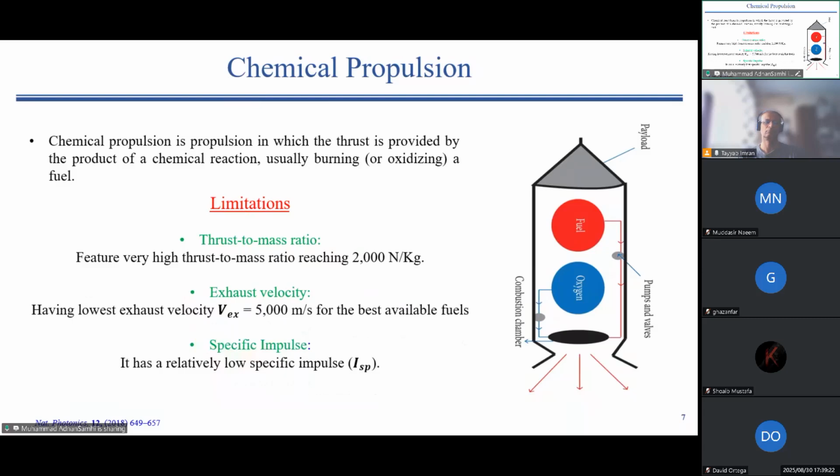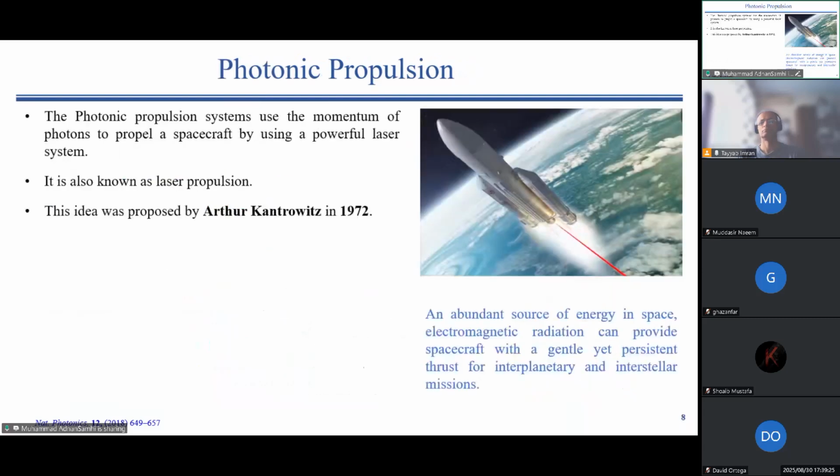And if we talk about photonic propulsion systems, they basically use photons or light to propel a spacecraft. As these systems use light, we can also call them laser propulsion systems, because we also use powerful laser systems to propel different objects in space.